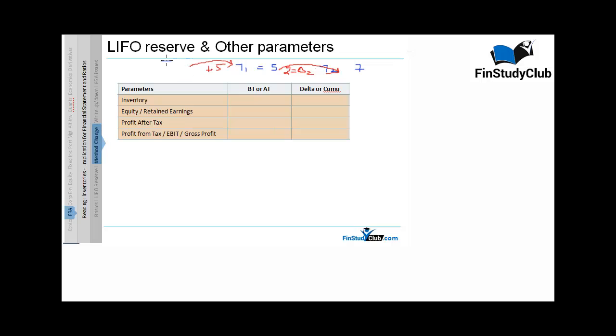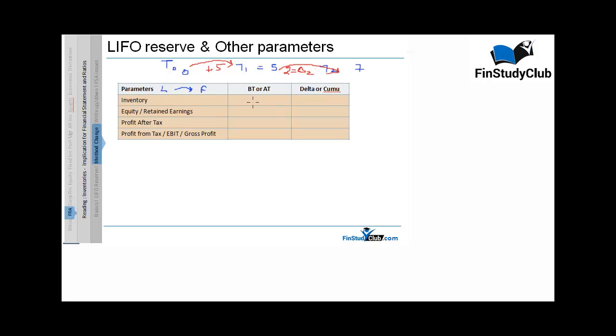So that's how my LIFO reserve in blue was moving, and the delta in red was the change in the LIFO reserve. Now the question is, there are two perspectives on which I am measuring my 4 parameters. If I am given the value of LIFO reserve, would I take it before tax or after tax? And the other aspect is, would I take the delta or the cumulative aspect of it while converting my LIFO parameters into FIFO parameters.